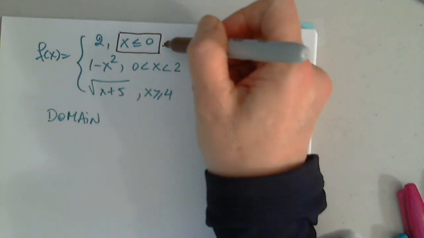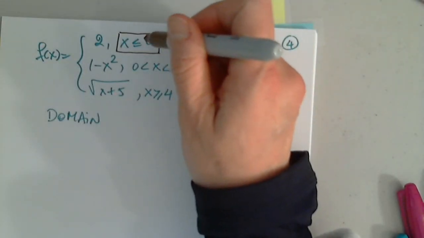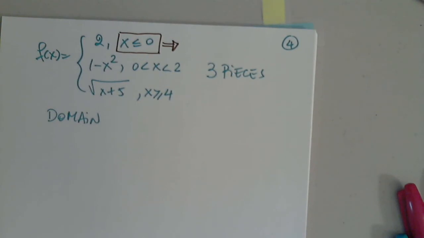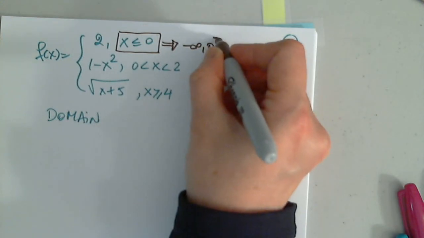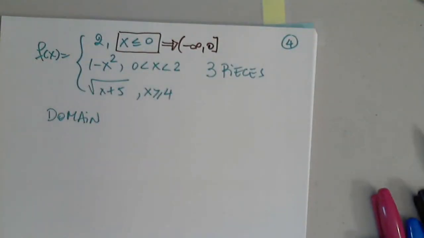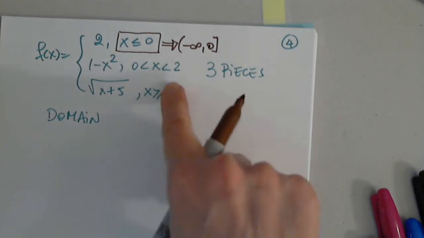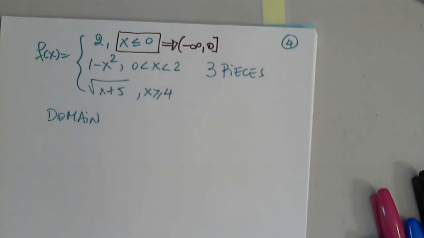Okay, so can anyone give us the interval notation for this? Sarah, can you tell us the interval notation for this? Would it be negative infinity to 0 with a bracket? Awesome. Great job. Okay, can anyone tell us the middle interval?